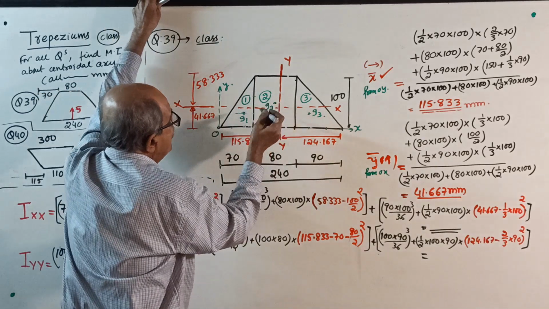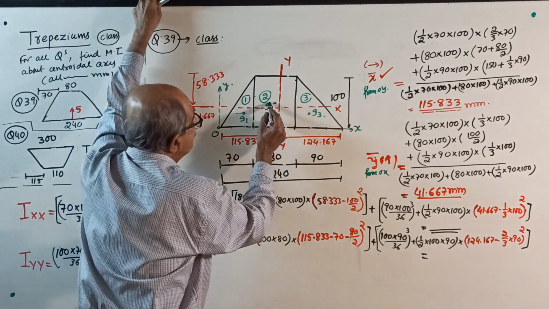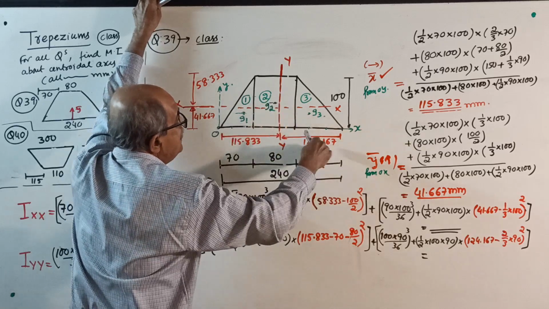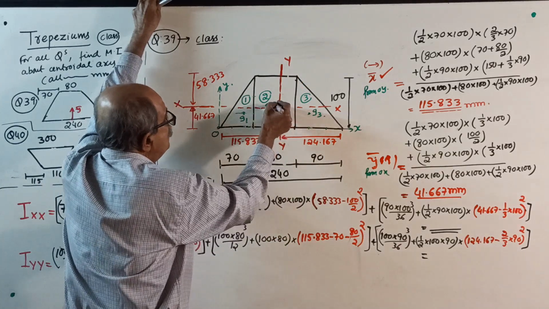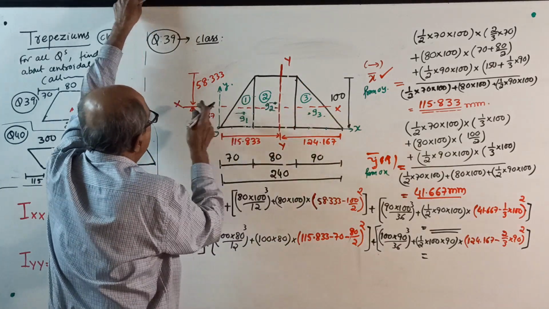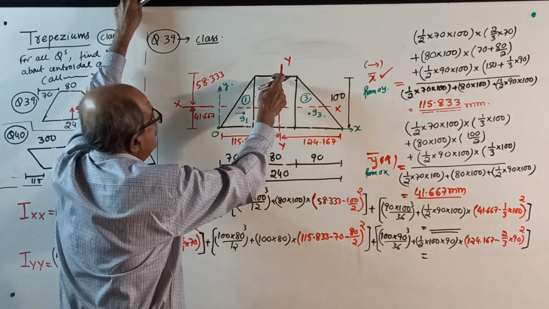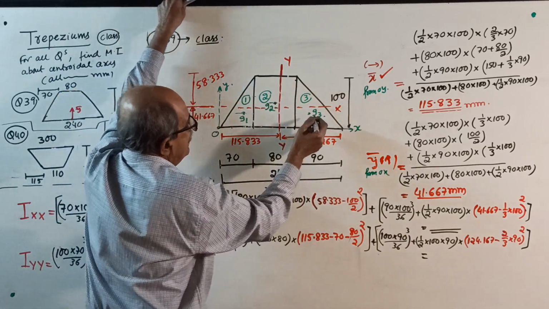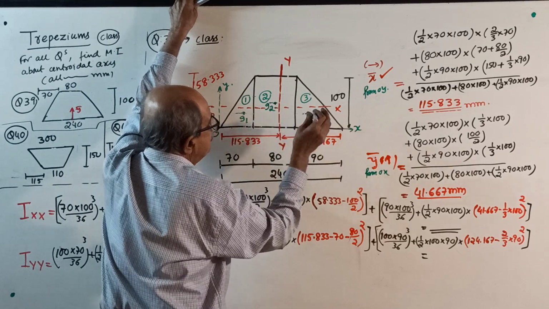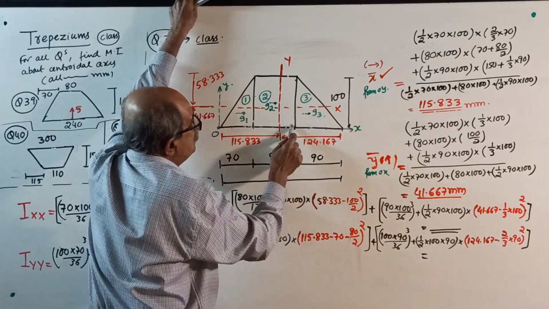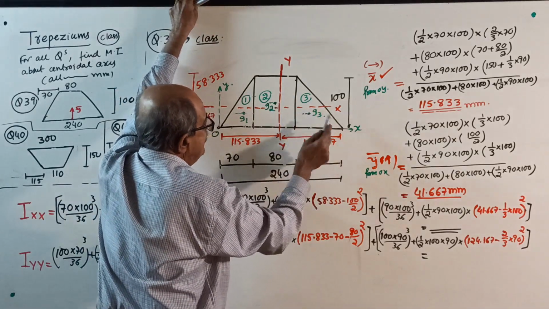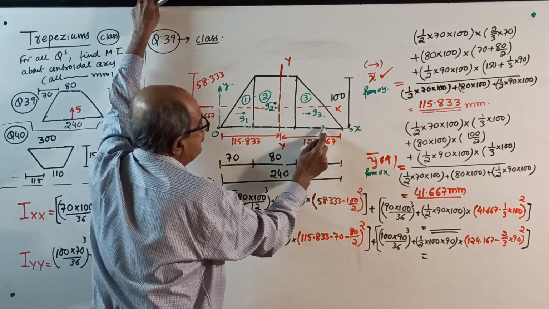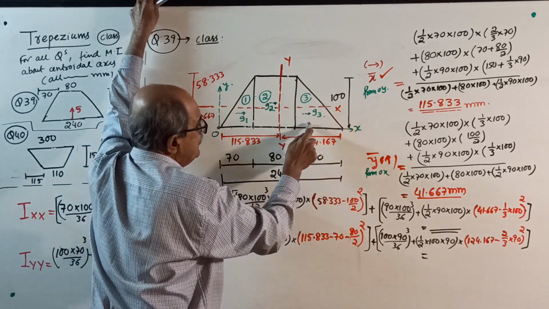Here, I about its own centroidal axis: 80 into 100 cube by 12 plus area into this distance square, 58.333 minus half of 100. I about its own axis: 90 into 100 cube by 36 plus area into this distance square, 41.667 minus 1/3 of 100.